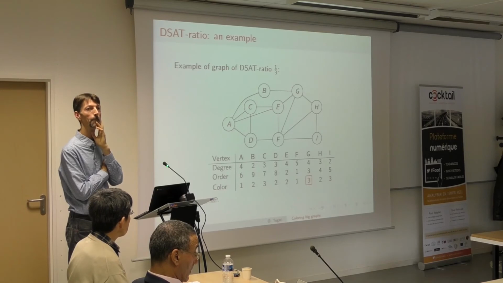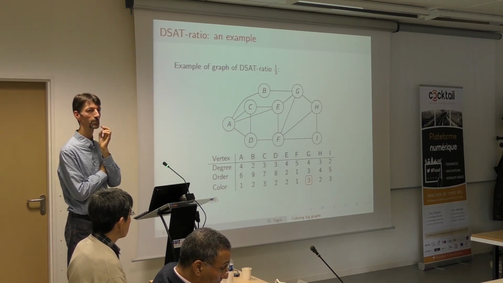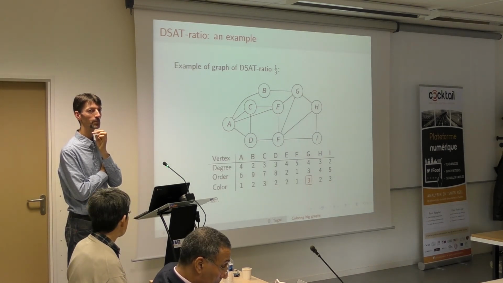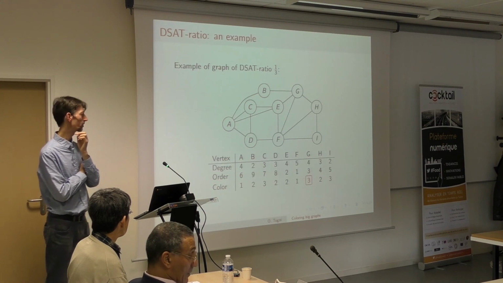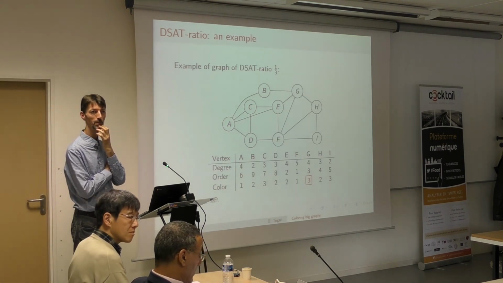There is a big difference between the desaturation ratio for a vertex with small degree and a vertex with large degree. Is it really necessary to carefully choose the vertex? Maybe we can just run more. Yes, perhaps. I haven't tested this point. Yes, it's a good question.